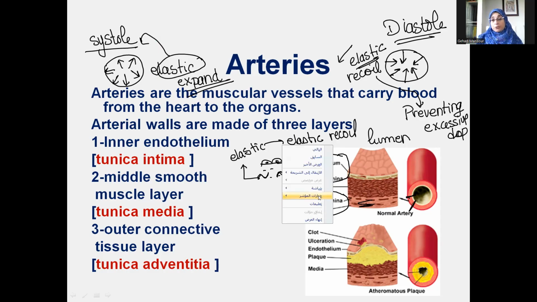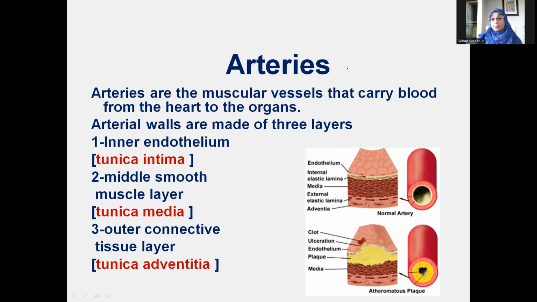So one of the major characteristics of an artery is the presence of a considerable amount of smooth muscles in its tunica media, and the presence of a considerable amount of elastic fibers.